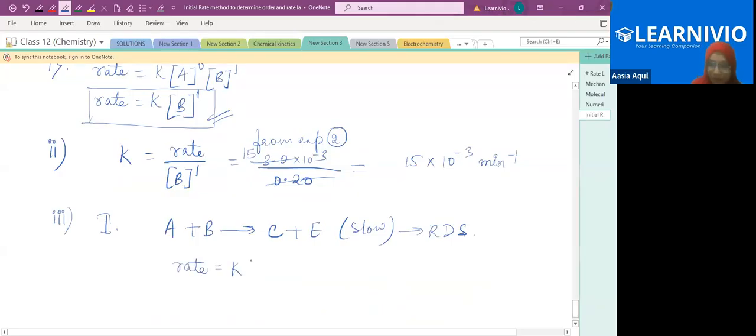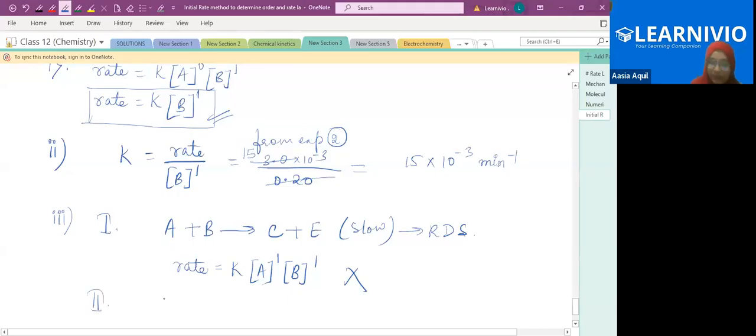Because it's a rate determining step, you can use the stoichiometric coefficients here. From here you can see that the order is 2, which is wrong, right? So the rate expression for this reaction is not consistent.